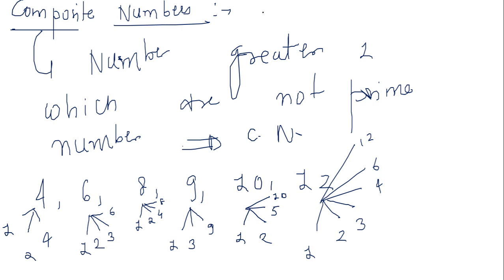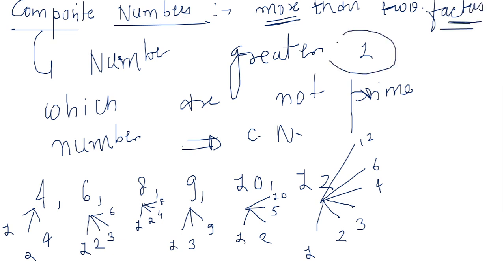So for composite numbers you can also define them as numbers having factors more than 2. Numbers having more than 2 factors, and they are greater than 1, and they are not prime numbers, are called composite numbers.